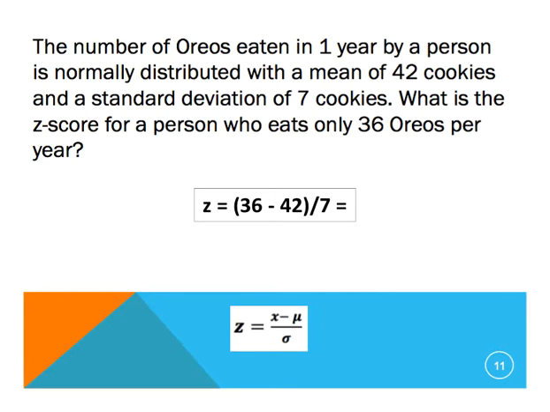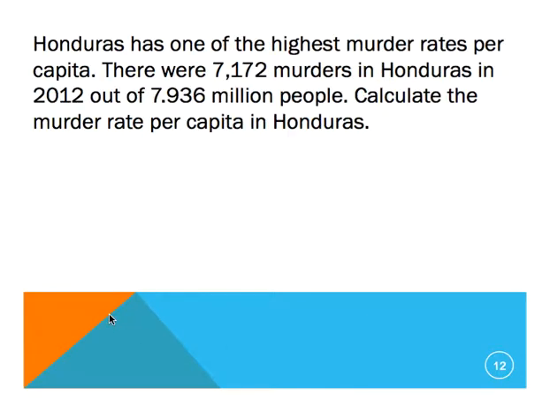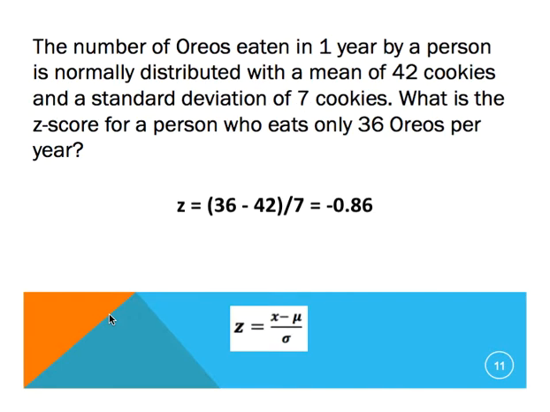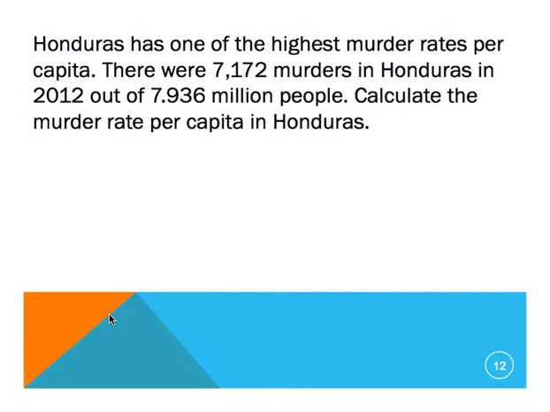If you subtract and divide and round to the nearest hundredth, you get negative 0.86, because it's like negative 0.857. So that should be our z-score. That tells me a person who eats only 36 Oreos per year is 8.6 standard deviations below the mean. Or not 8.6, 0.86. Sorry about that.